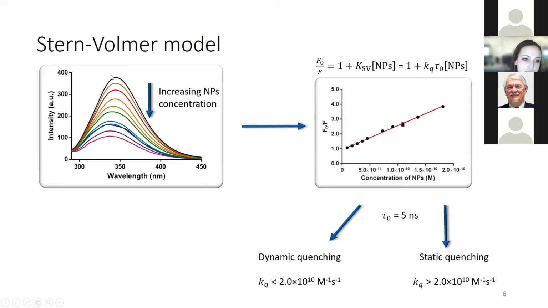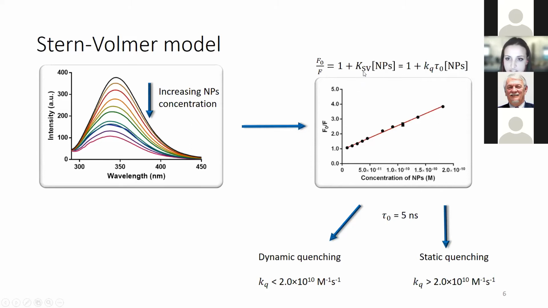So when you have all these parameters, the concentration of nanoparticles you are using and the maximum fluorescence intensities, you put them in the Stern-Volmer equation, where F0 represents the maximum fluorescence intensity of the protein, and F is the fluorescence after adding a certain amount of nanoparticles. You make this kind of plot where you want to determine the slope of this linear curve, because it represents the Stern-Volmer constant.